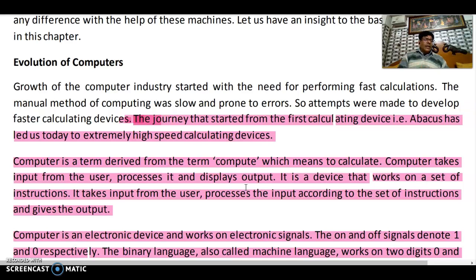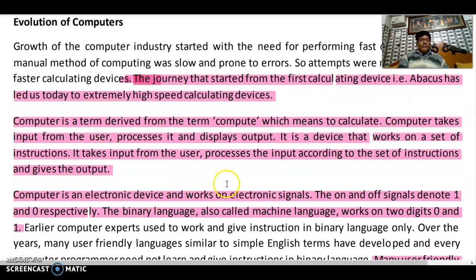If you want to take the hard copy, then the printer is there. If you want to take the soft copy, then the screen is there, as well as you can take the file you save in a pen drive. That is your output. And for processing, the CPU, central processing unit, is there. We'll look into it one by one.